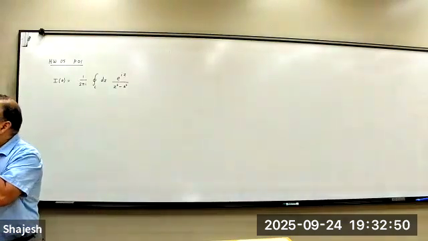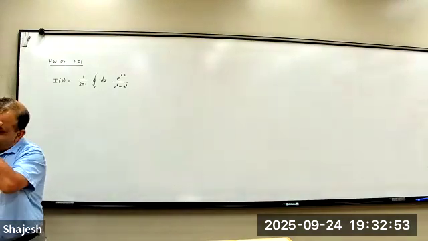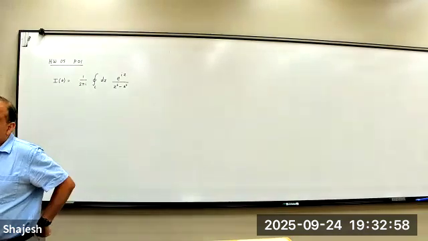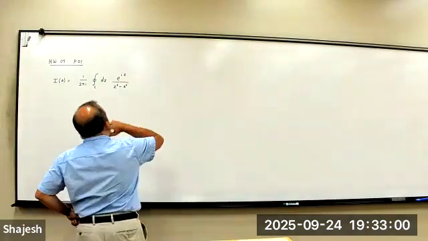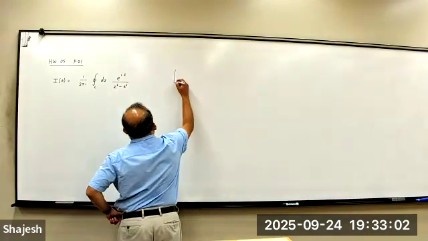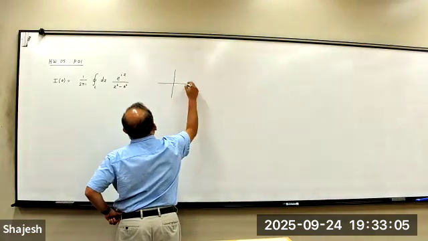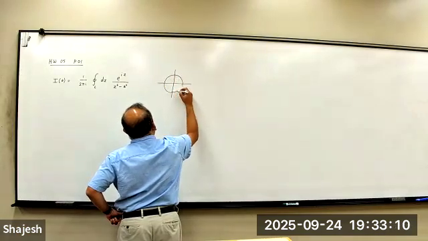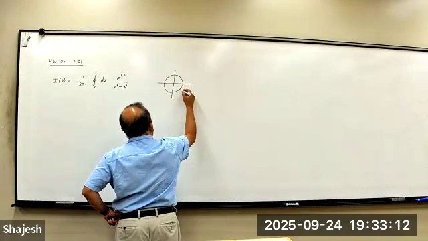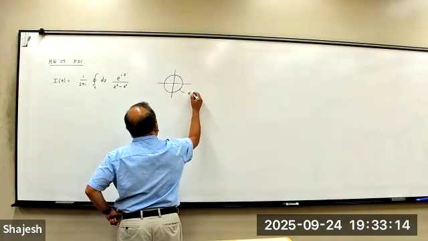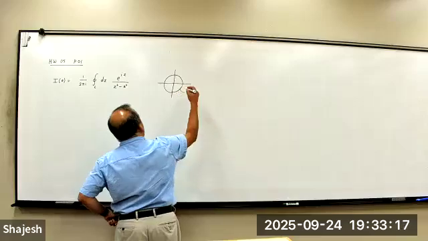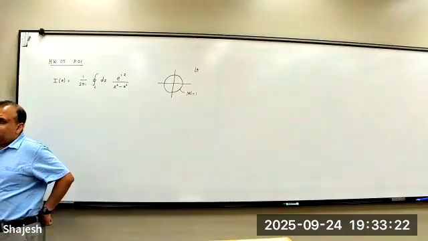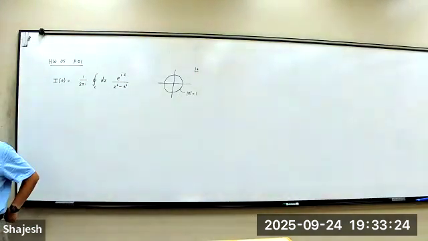The question is to evaluate this integral, and the contour is the unit circle, magnitude of z equal to 1, in the complex plane. Reasonable?